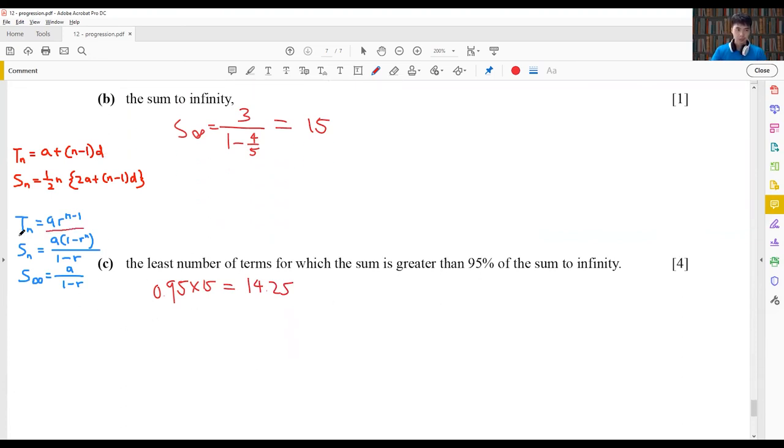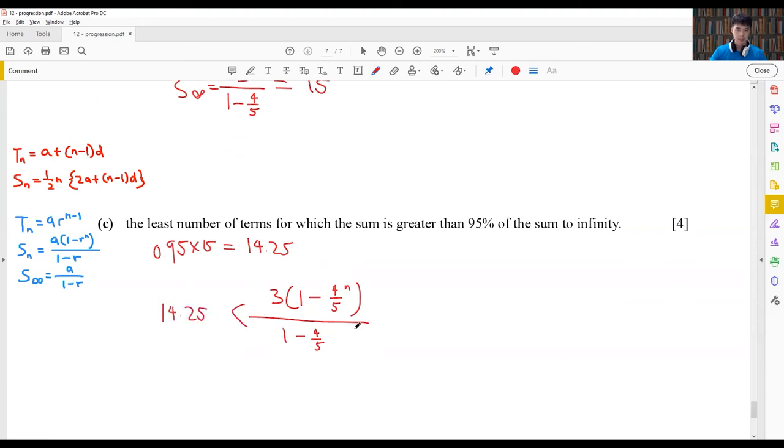So using this formula here, okay? S of n, the number of terms we are looking for, or maybe I should start with this side of the formula. A is 3, 1 minus 4 over 5 to the power of n, over 1 minus 4 over 5, okay? This should be greater than 14.25.